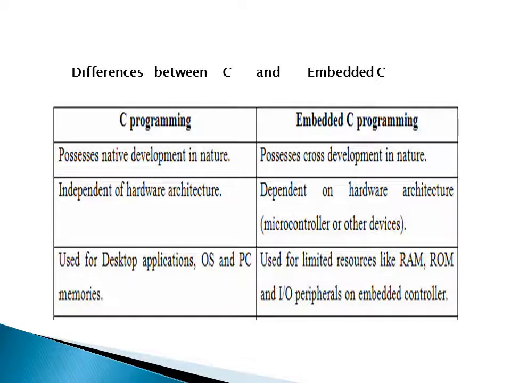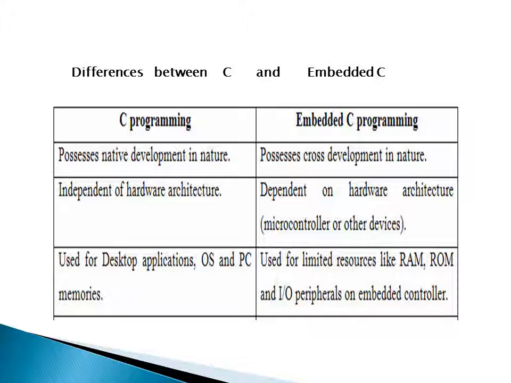Now we will see the difference between C and embedded C. In C programming, first point, it possesses native development in nature, whereas embedded C programming possesses cross development in nature.